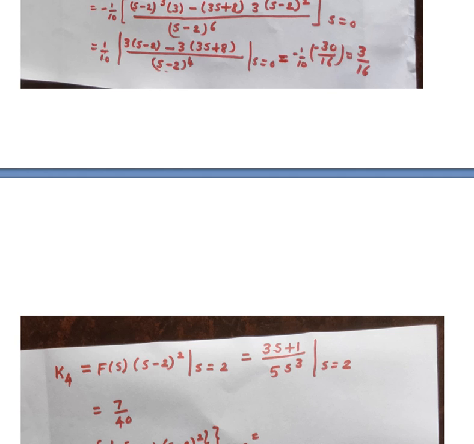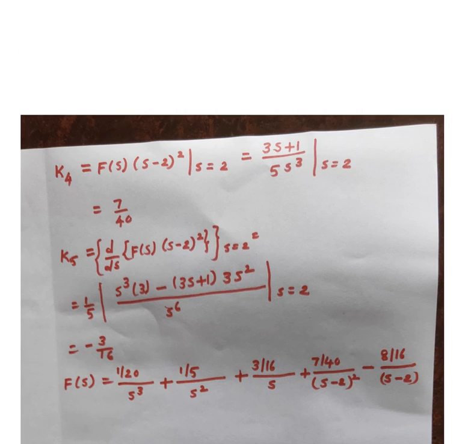So now it is the u by v differentiation format. That is v du by dx minus u dv by dx divided by v square. So what is v here? It is nothing but s cube. So v square means s cube whole square means s power 6.